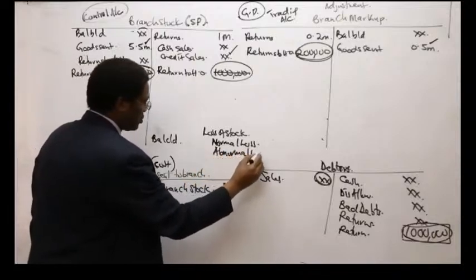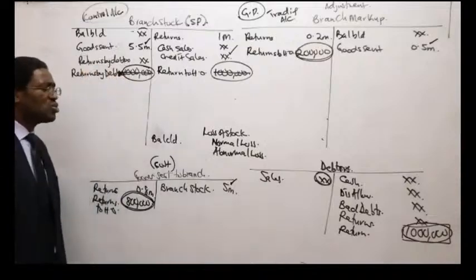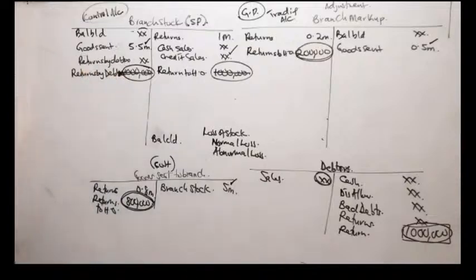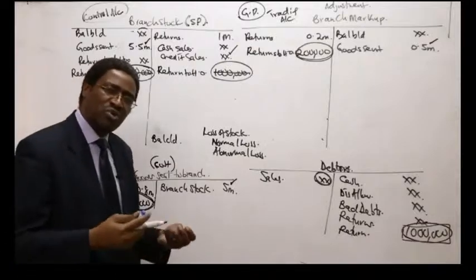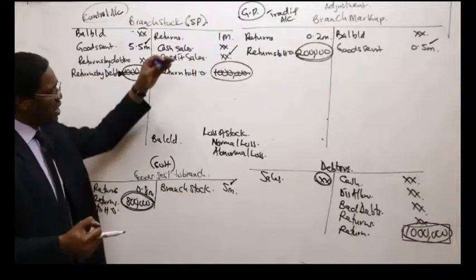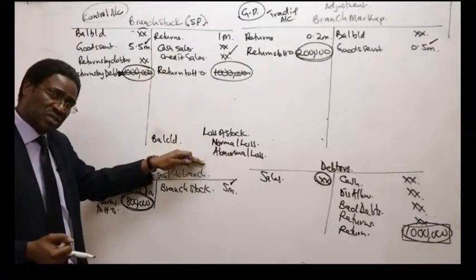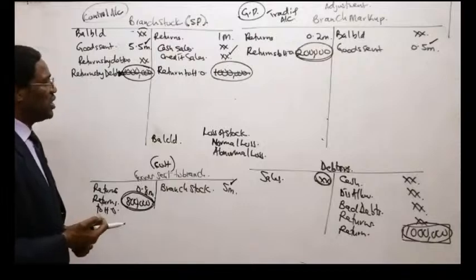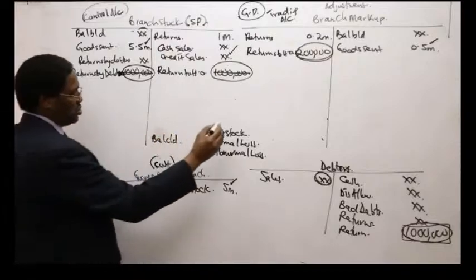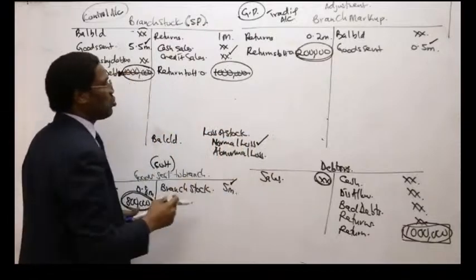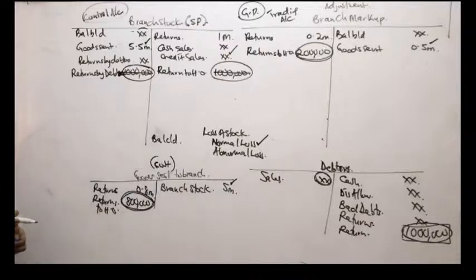Assuming there was a loss of stock at the branch, you need to know whether it was a normal loss or an abnormal loss. So let us assume the loss was a normal loss of stock, whatever the value the question will give you. So how do you record normal loss of stock?